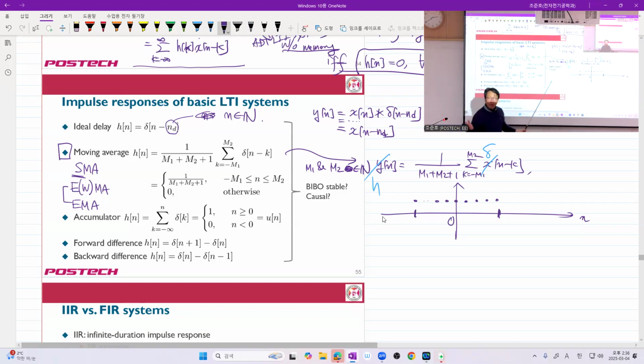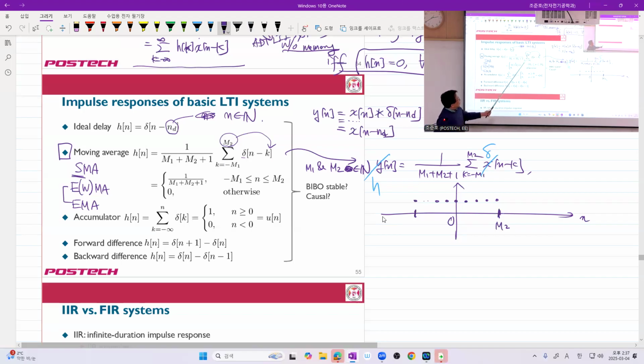Which one is M1 and which one is M2 or negative M1? As you see, here you have M2, and suppose M2 is now replacing k. What does that mean? Delta of n minus M2, which is delayed up to M2, right? So this gives you this one.